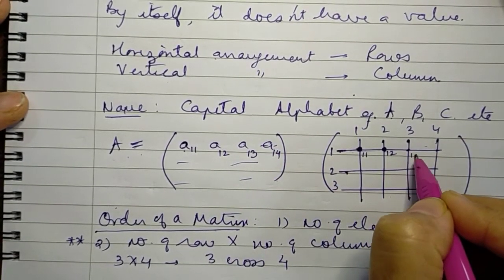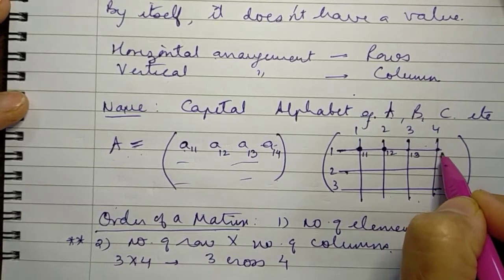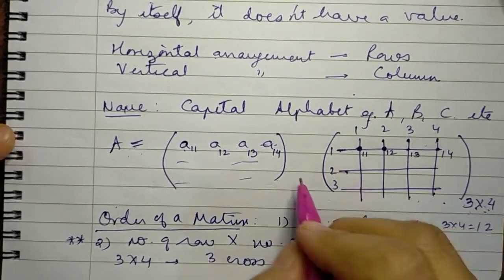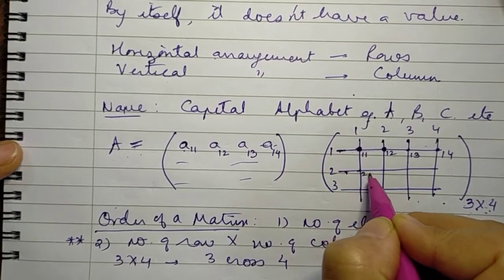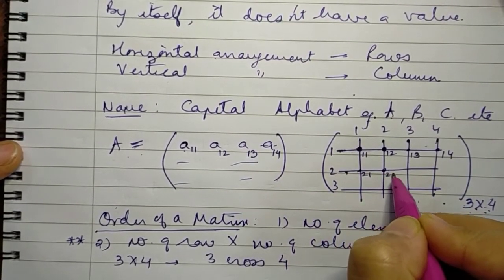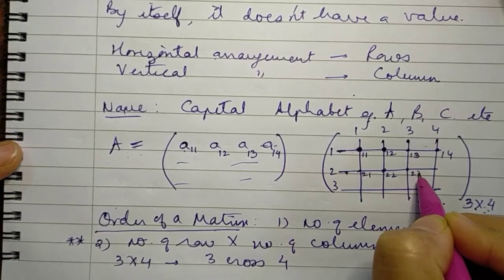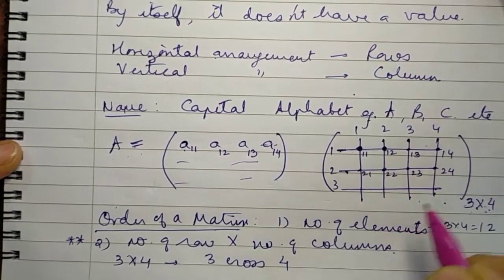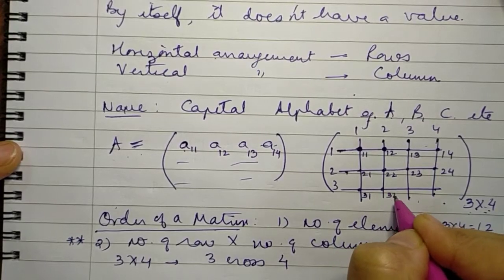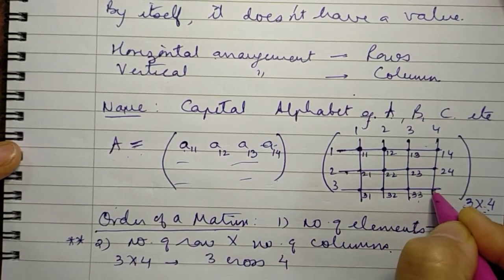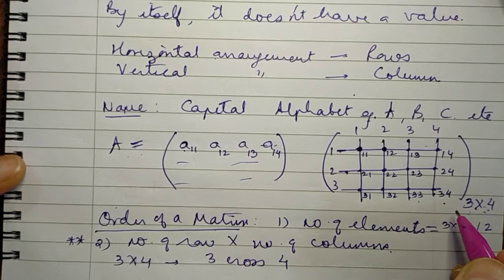So this is the 1 3 position, this is the 1 4 position. Now coming to this position, this is second row, first column. This one is second row, second column, second row, third column, second row, fourth column. Similarly, you have 3 1 position, 3 2 position, 3 3 position, and 3 4 position.